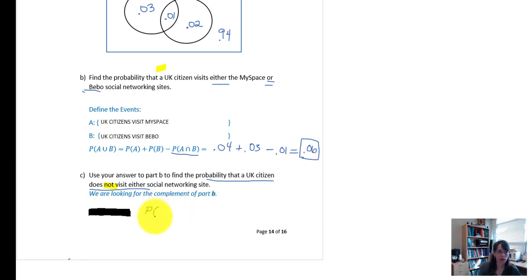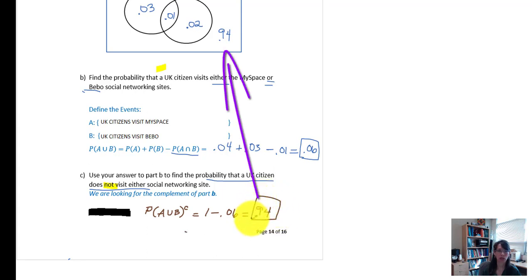So the probability of A in union with B, with the complement of that. So 1 minus 0.06 would equal 0.94. Notice that this answer is the same percentage that we came up with here in the universe earlier.